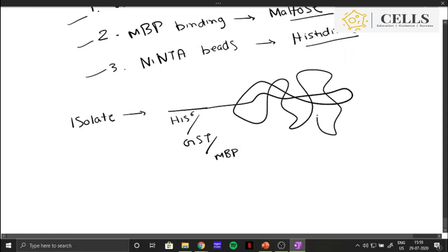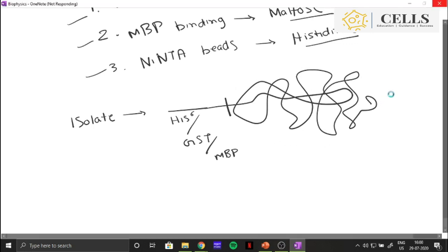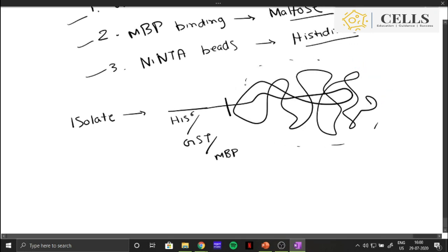This can be a protein of interest, but this has to be in front of the protein. After separation of the protein, you can just add a protease and cleave off this histidine part, and you will get your protein of interest.